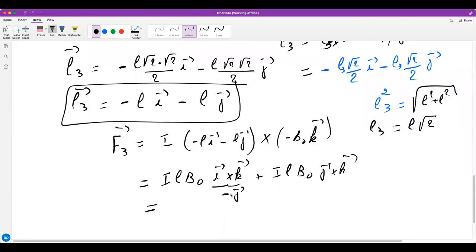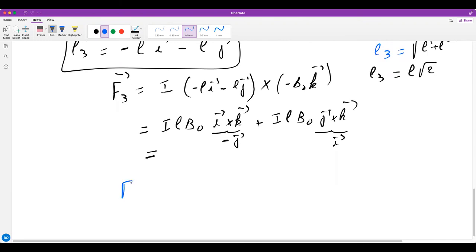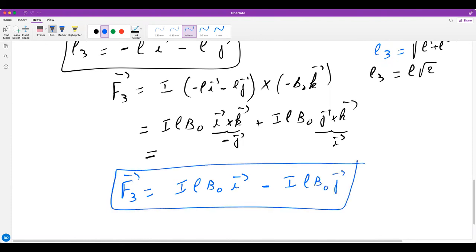Now i cross k gives minus j, and j cross k gives i. So the final force on L3 is equal to I L B0 i minus I L B0 j. So this is the force on side 3.